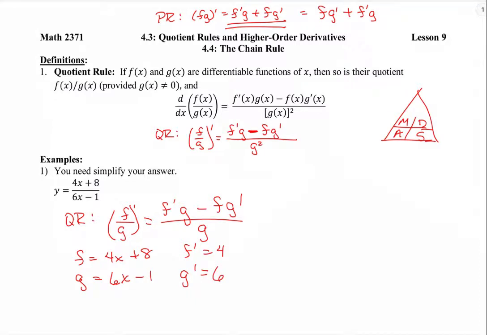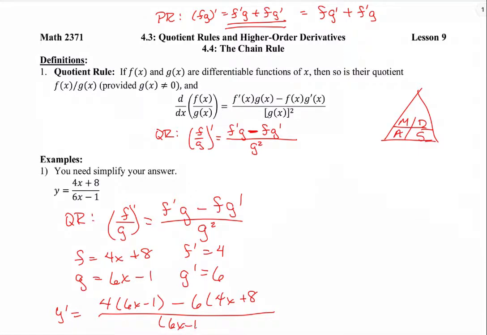Okay? So now to find y prime, I simply have 4 times 6x minus 1, minus 6, and I'm going to just write the 6 first because 2 times 3 is the same as 3 times 2, times 4x plus 8, all over the denominator squared, which is 6x minus 1 squared.